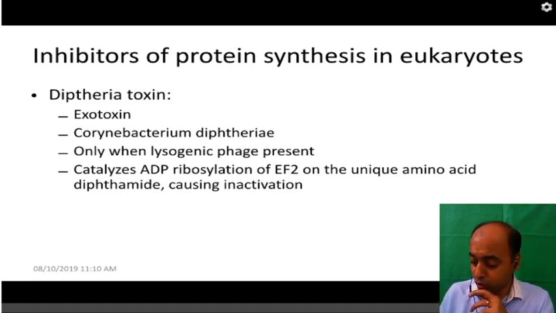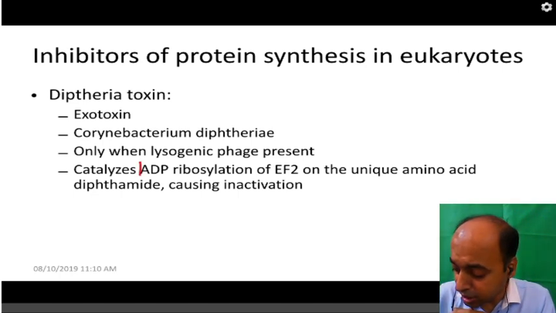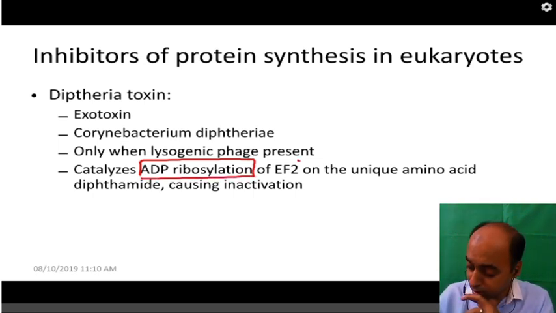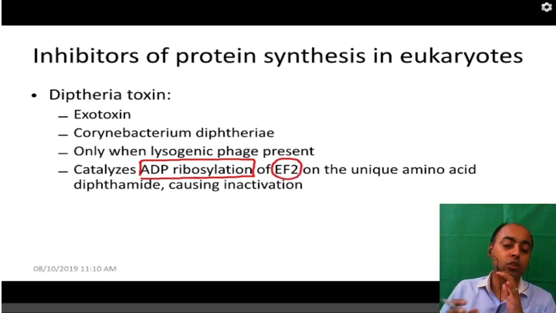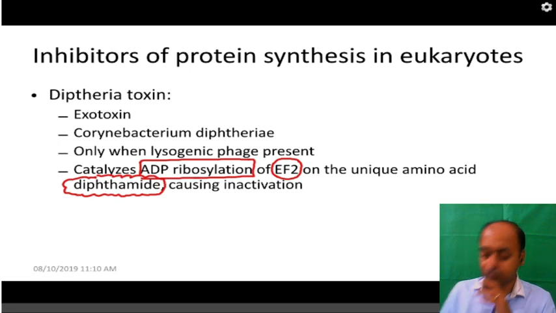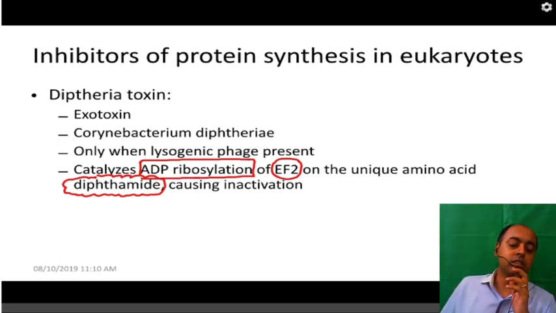What are the important take-home points that you have to remember? What is the change? The change is ADP ribosylation. On which molecule? The molecule is elongation factor 2. And the target amino acid is diphthamide.